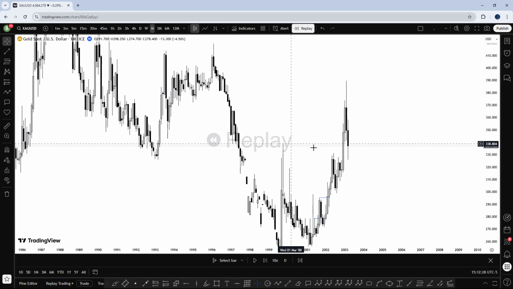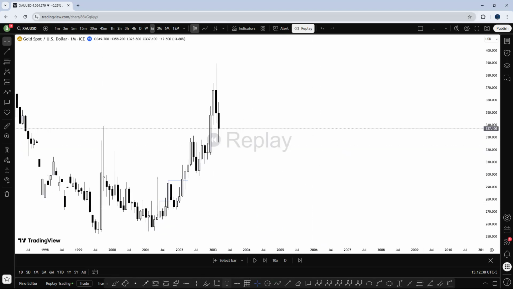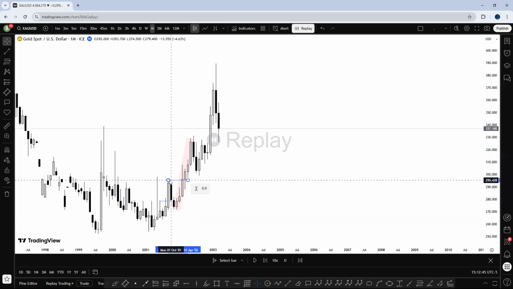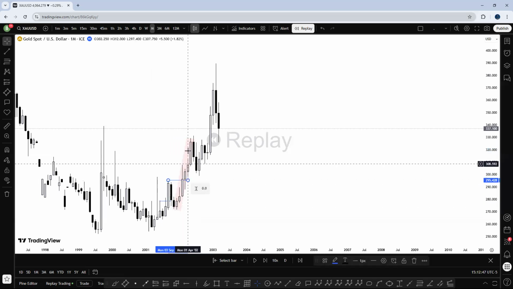Then you need to study this zone. And the question is, which time frame is the market using to create this trend? You know, after breaking this level, market will continue to move.